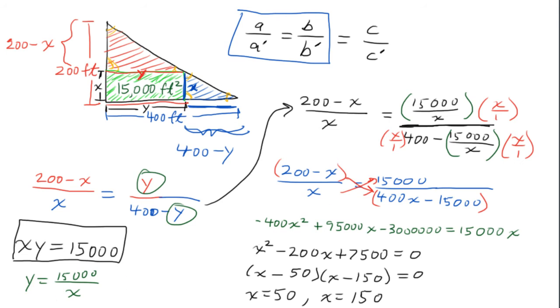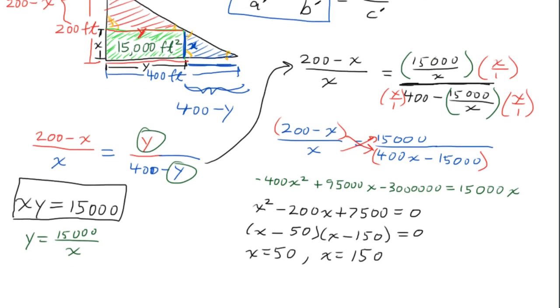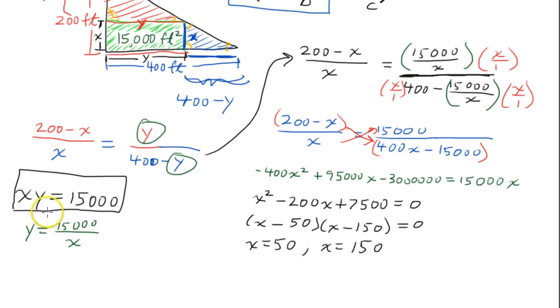I'm going to scroll this down just a little bit so we have some room. So we can either say that x equals 50, and then what would y have to be to equal 15,000? And if x is 50 feet, then y would have to equal 300 feet.